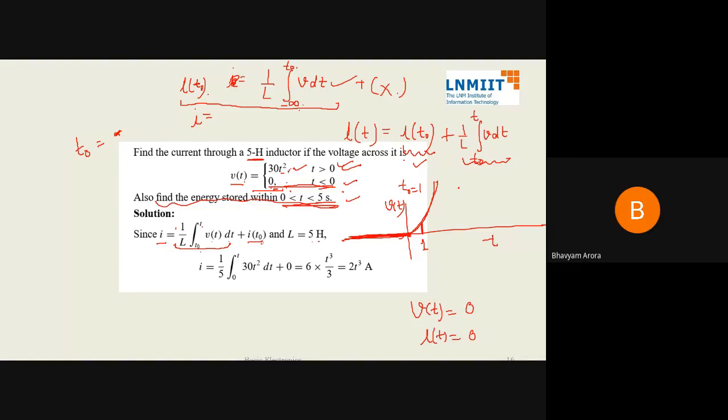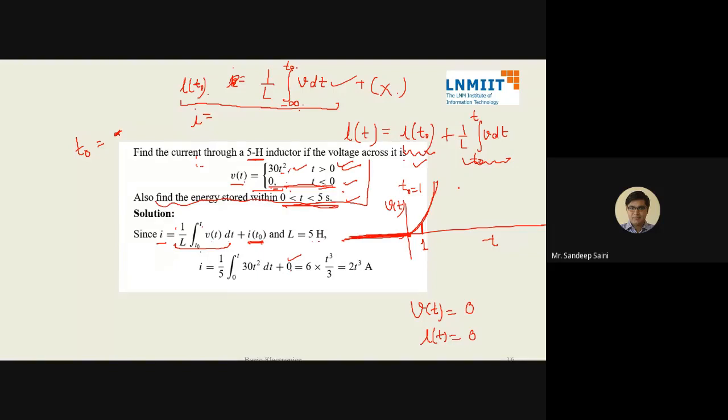No. So this is our assumption here. It should have been given clearly that the initial current is 0. That is the assumption we are making, because it is not given in the question. If it is not given, I can assume it, and mostly you will assume 0.